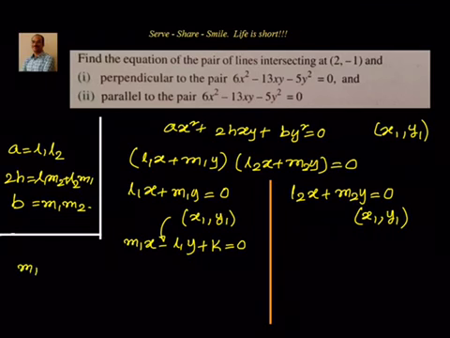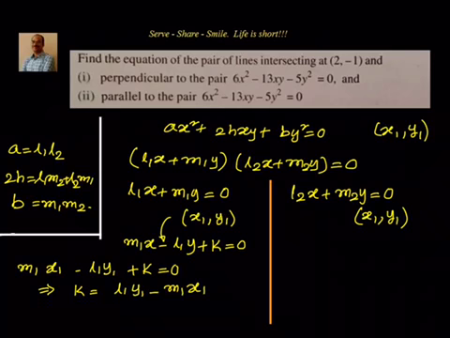It will become M1 x1 minus L1 y1 plus k is equal to 0, or k equal to L1 y1 minus M1 x1. Now can I go back and substitute the k value I got in this equation?